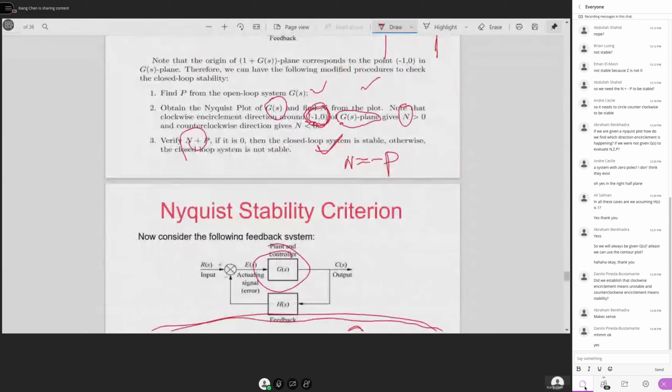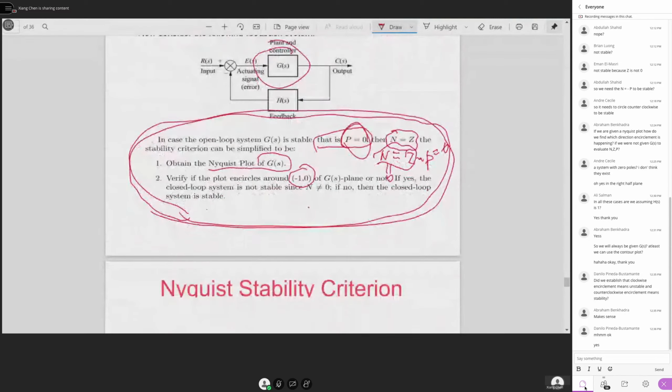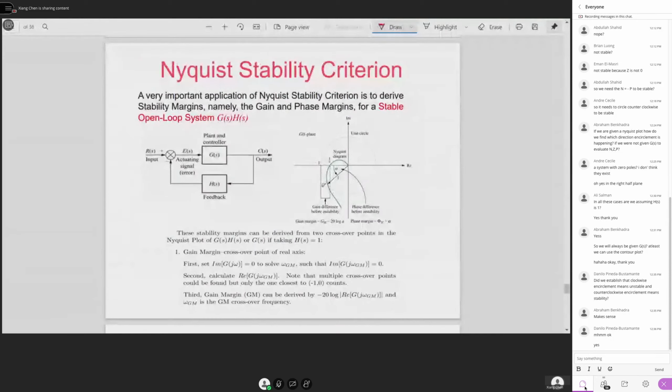The good thing about this Nyquist stability criterion is that it not only allows us to tell the closed loop system stability, but also gives us a way to define the so-called stability margin.